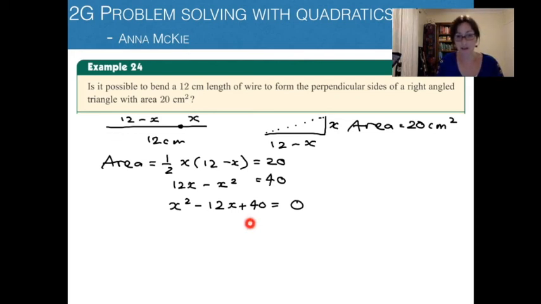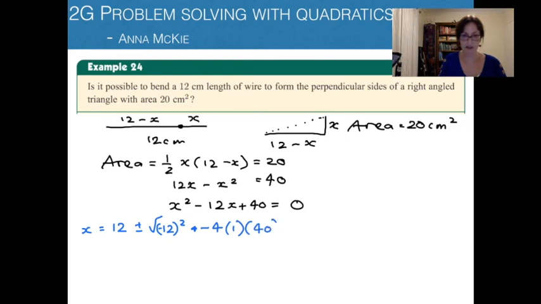Again, you could try factorising or using the quadratic formula. So we have minus b plus or minus the square root of b squared. Now it's negative 12, all squared there, minus 4ac. So there are our numbers there, all over 2 times a.